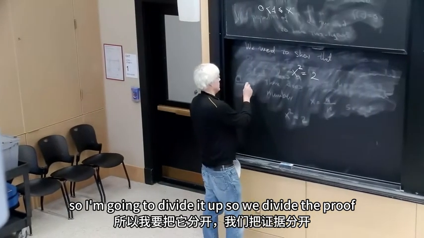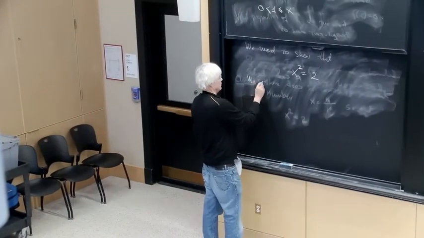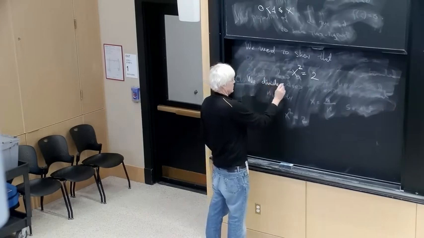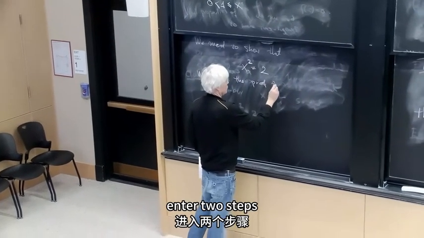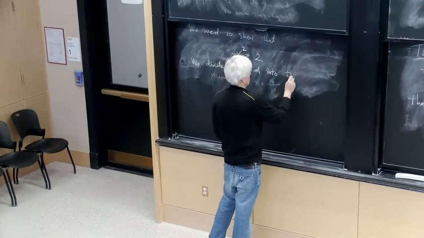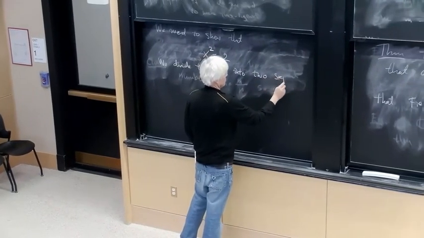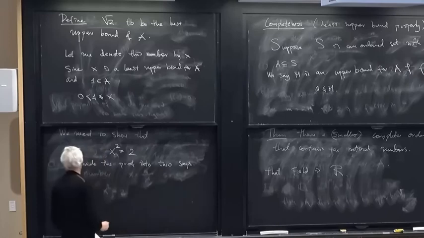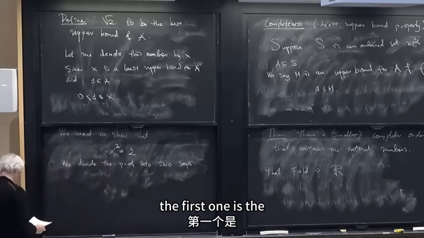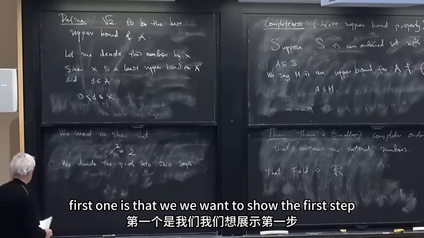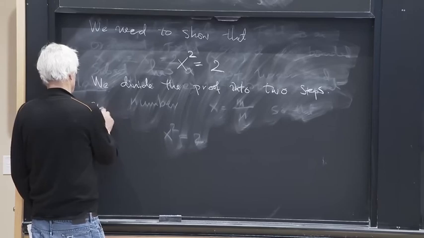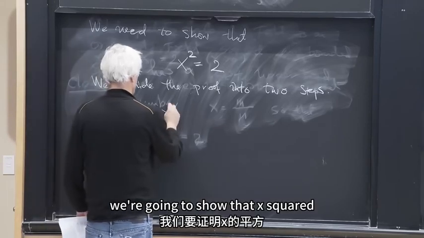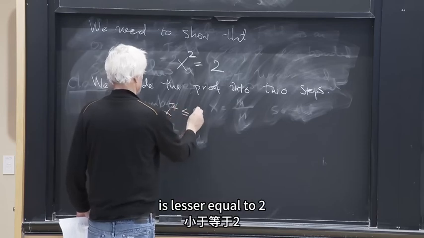So we divide the proof into 2 steps. The first step, step 1, we're going to show that x squared is less or equal to 2.